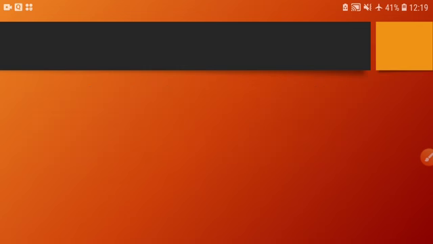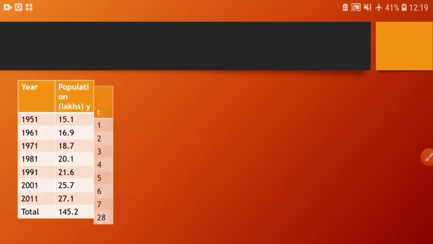Now what you need to do: first write the question itself. Year from 1951 to 2011, then population y 15.1, 16.9 up to 27.1. Then take t as 1, 2, 3, 4, 5, 6, 7.